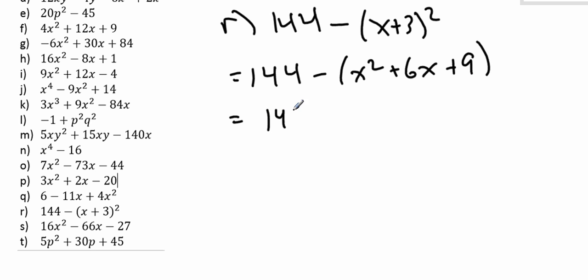So it's 144 minus x squared minus 6x minus 9. Oops, I don't need the bracket at the end. Okay. Then it would become 144, take away 9.